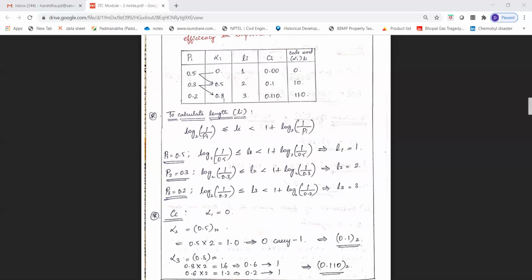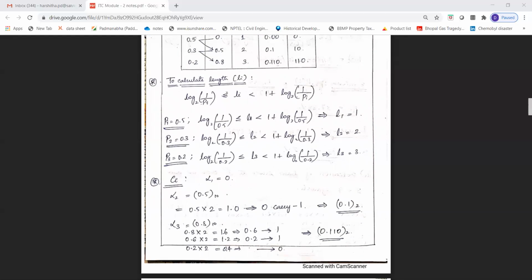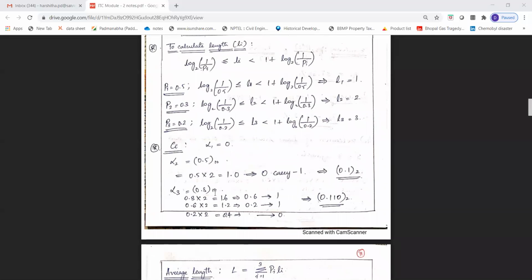Next, let's take up the third value of alpha. That is alpha 3, which is 0.8 in decimal. First, I'll multiply this 0.8 by 2. I'll get 1.6. This 1 here is the carry, and the answer is 0.6. So 0.6 with carry 1. Next, I'll multiply this 0.6 again by 2. 0.6 times 2 is 1.2.